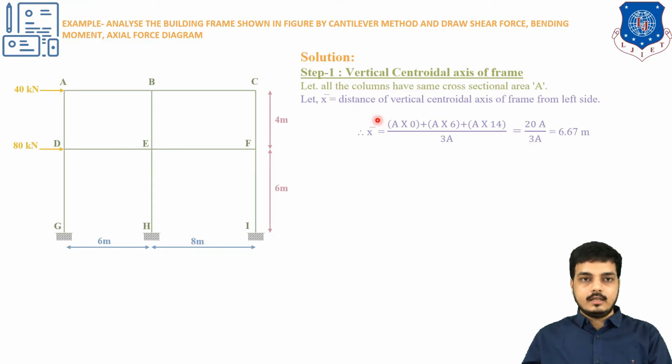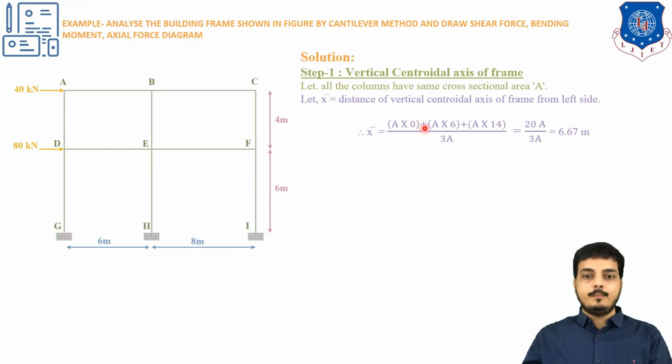The formula is x bar equals, if I consider this column, the distance from here is 0, so A multiplied by 0. For this column, standing over here, A multiplied by 6, and for this column the distance is 8 plus 6, which is 14, so A multiplied by 14.